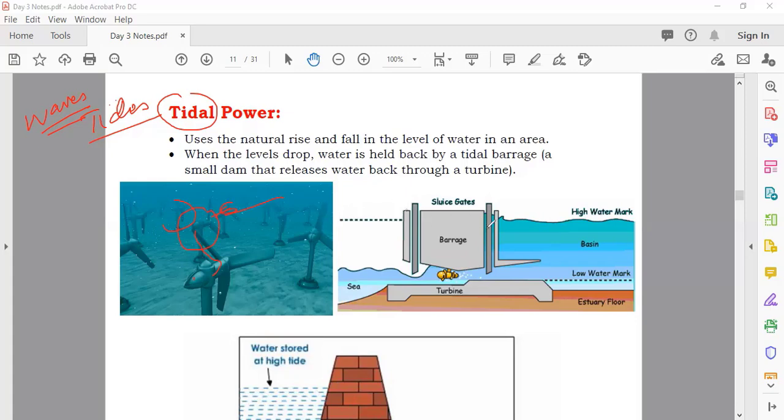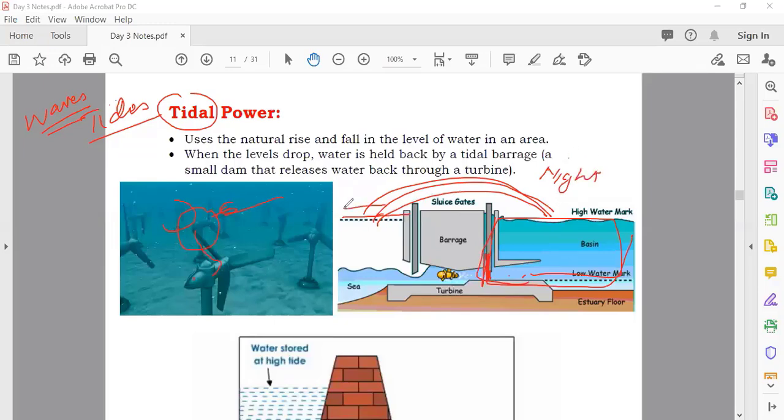So they make small areas near the sea, like big holes. When the sea level increases, the water comes and is stored inside them, and when it is full in the night, they close the gate.